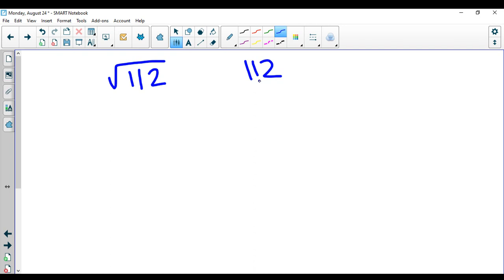When I look at these last 2 digits, there's a 12 there. Since that's divisible by 4, the entire number is divisible by 4. So I'll take 112 divided by 4, 28, and that's also divisible by 4. Oops, 4 times 7.